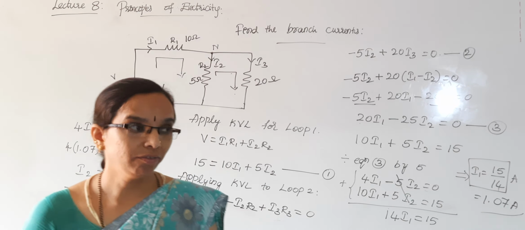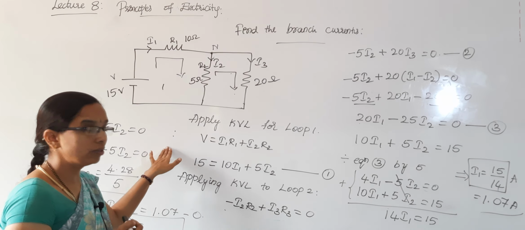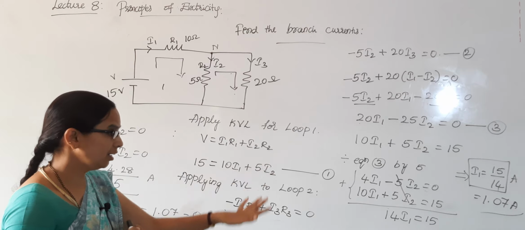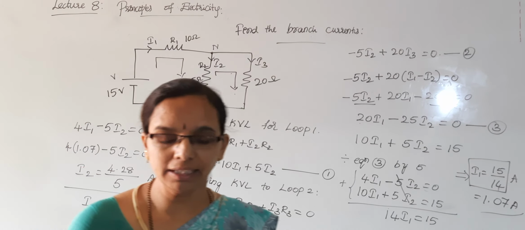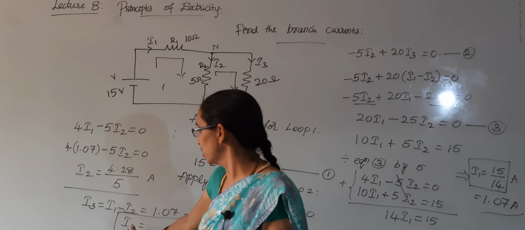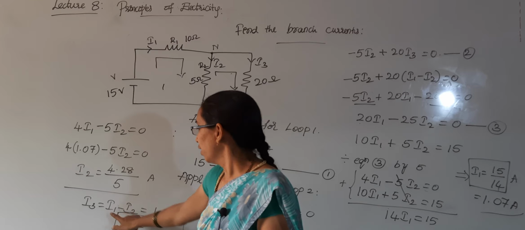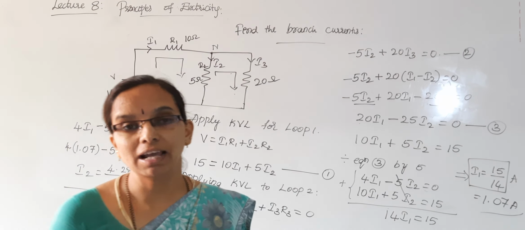By evening you people should do this problem, calculate it and give me the answer of I3. You only need to make this calculation and subtract I1 minus I2, then you will get the value of I3.